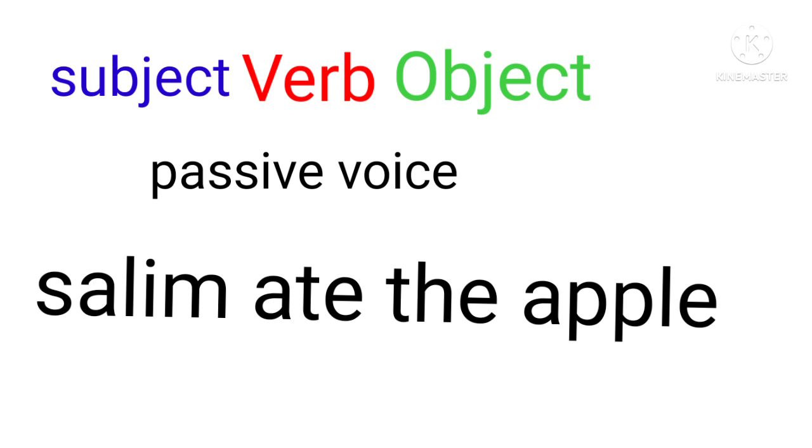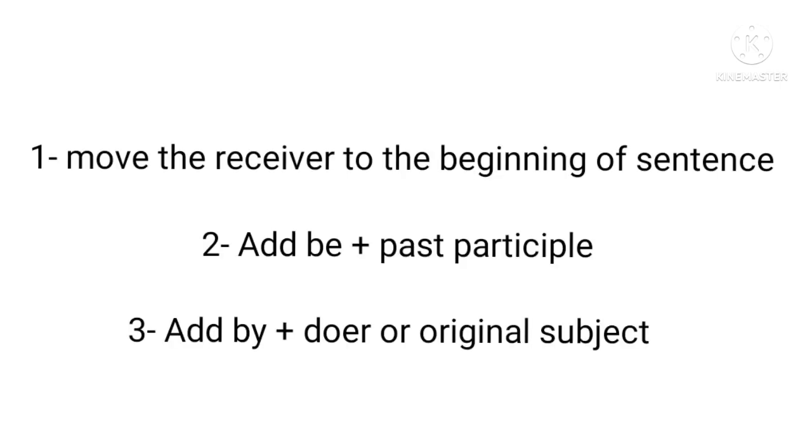It is very easy when we want to change a sentence from active voice to the passive voice. You can follow these three steps to change the sentence into the passive voice. I think it's very easy. Number one, move the receiver. This is the receiver.